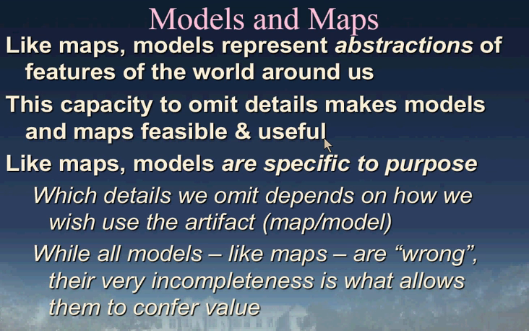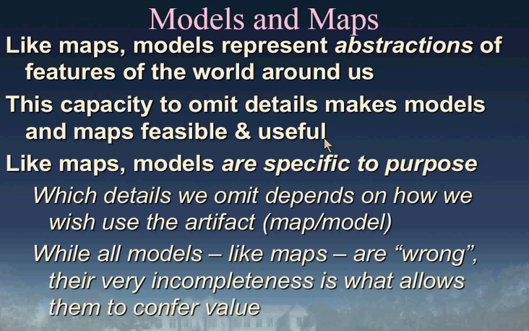It wouldn't offer me much help. I'd really want an electrical connectivity map of the city, or if I wanted to fix flooding in the city, it wouldn't be very good if I had a bicycling map only. So models, like maps, are wrong in the sense that they're an incomplete description of the situation, but their very incompleteness is sometimes what allows them to offer practical value.